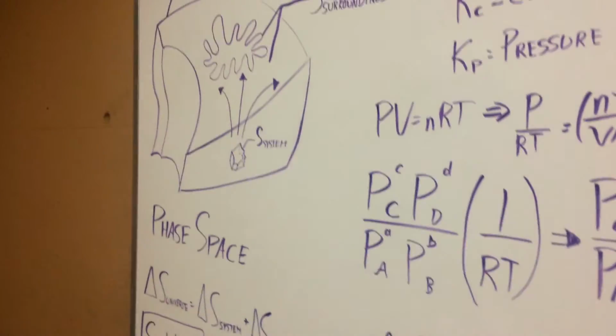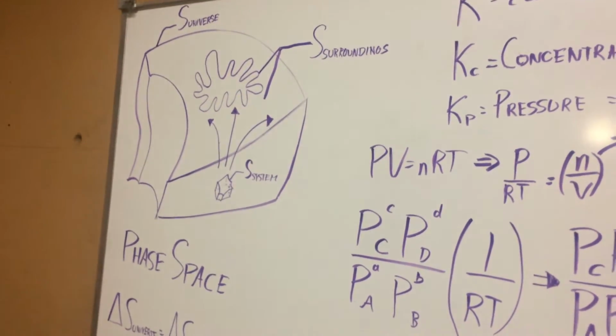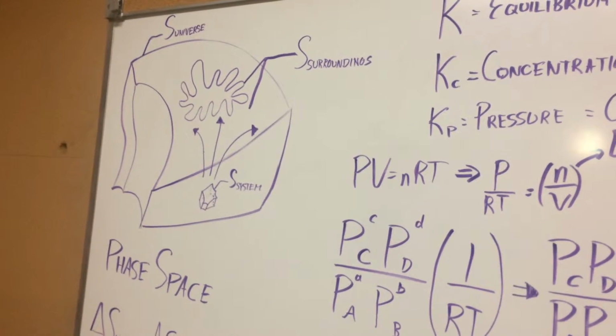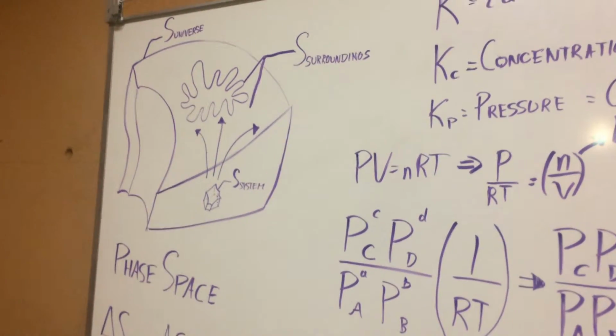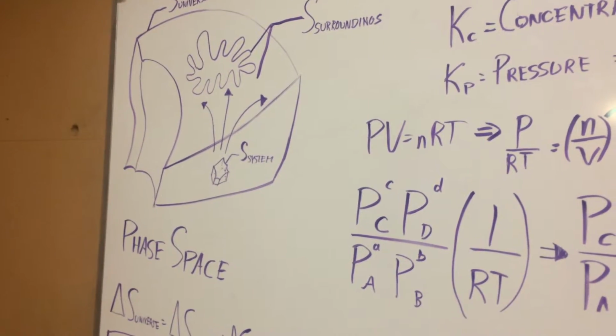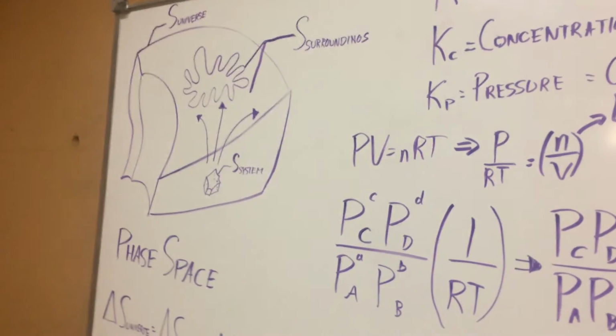Now at times for phase space, you're not moving energy from the system into the surroundings, but it's moving from the surroundings into the system. And mostly you can say it's the universe into the system. And this can be understood through Gibbs free energy. Now Gibbs free energy can be considered internal energy or chemical potential.